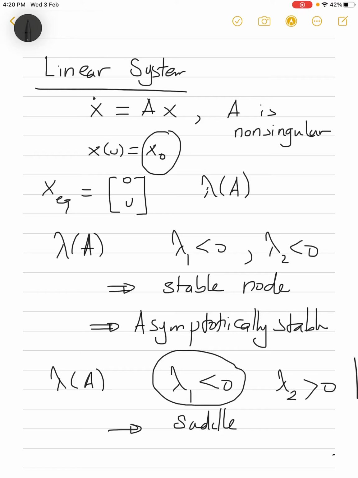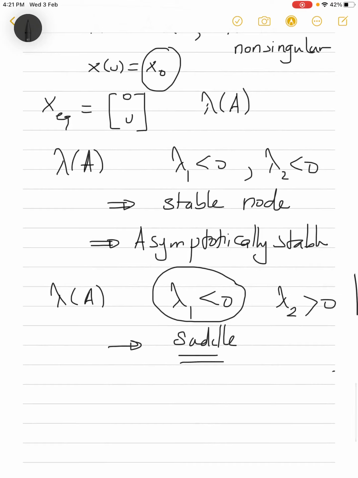If we start along that eigenvector, we can get to the equilibrium point. But if we start anywhere else, the solution will diverge and will go to infinity. So, according to our definition, we can classify the saddle point, the equilibrium point, as unstable.